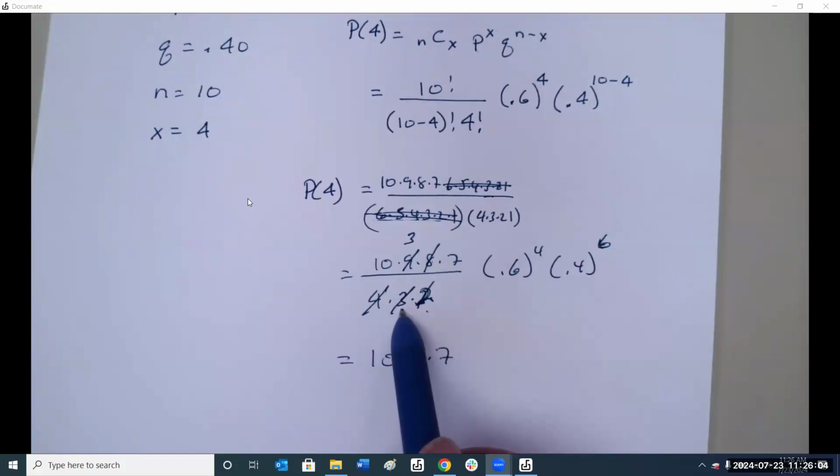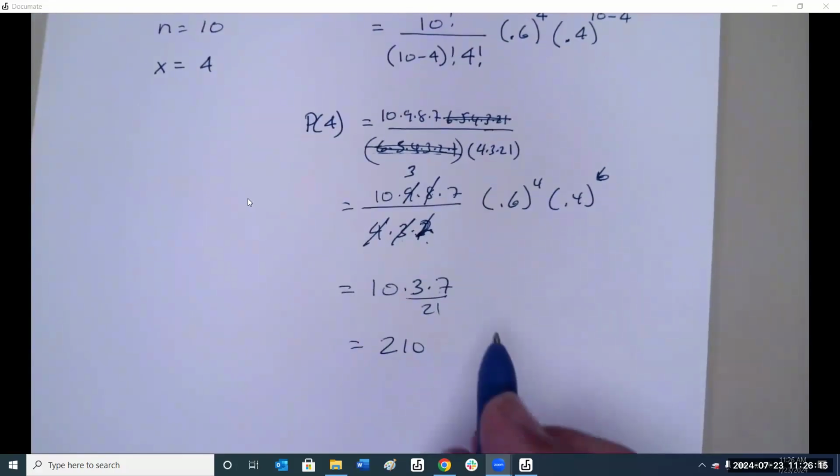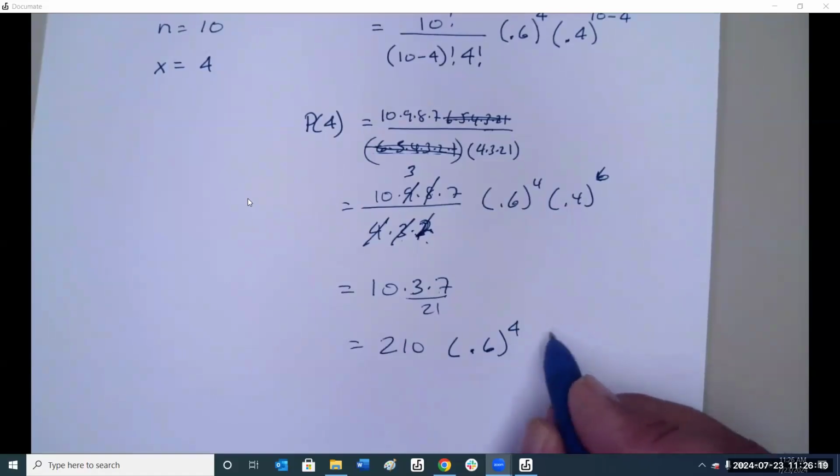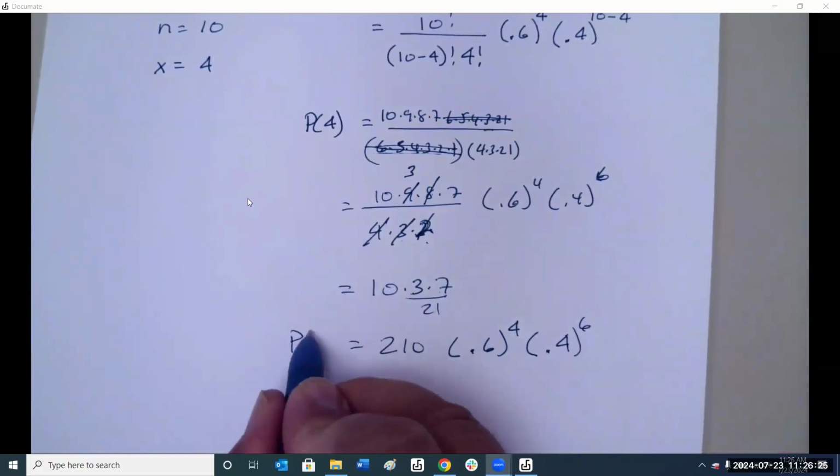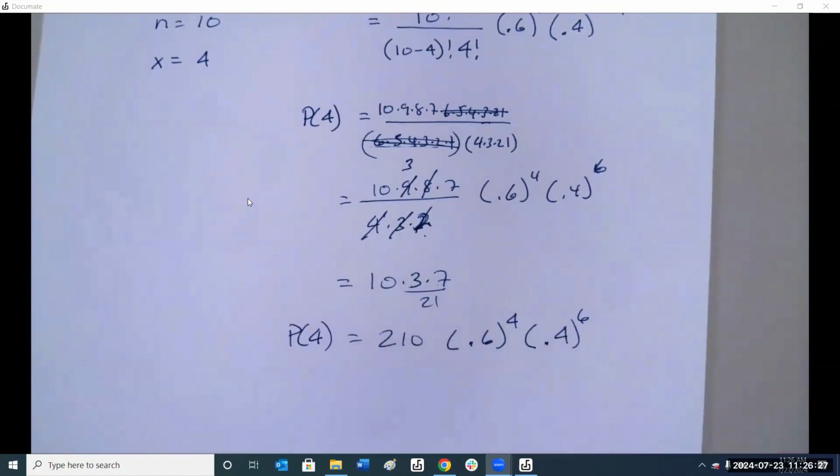So all we have left is 10 times 3 times 7. 3 times 7 is 21, times 10 is 210. Times 0.6 to the 4th times 0.4 to the 6th. Calculate all those, and there's your answer, the probability of getting exactly 4.